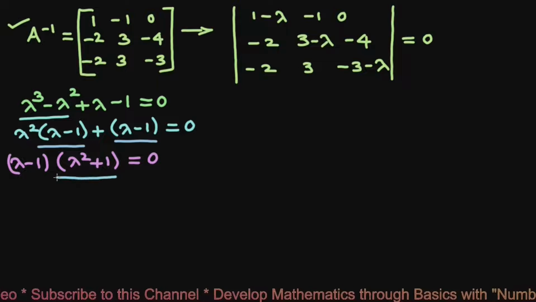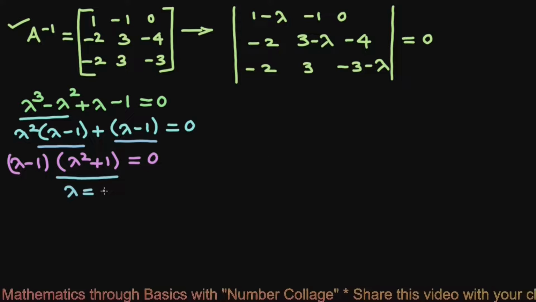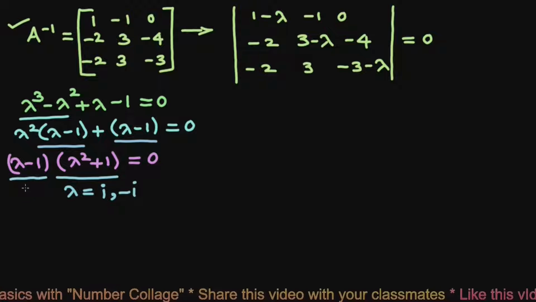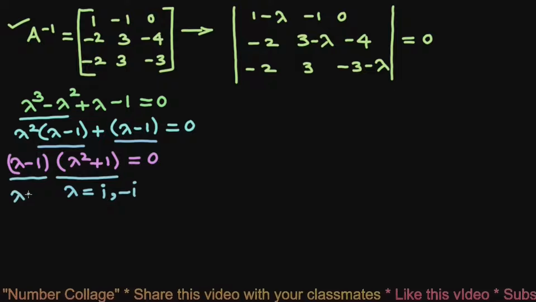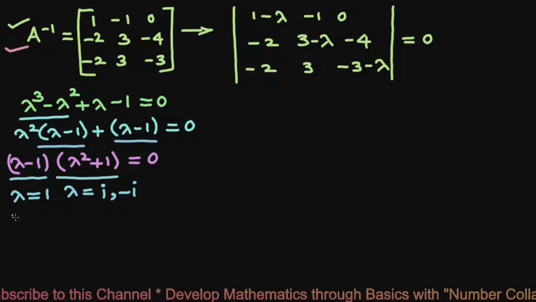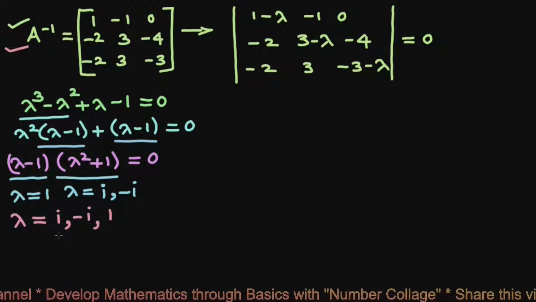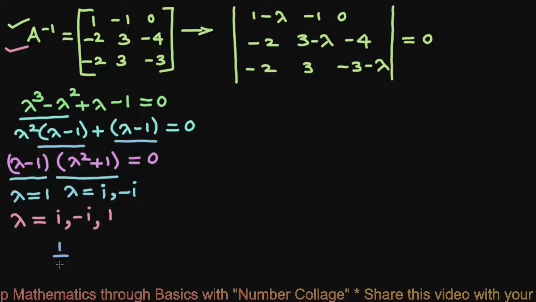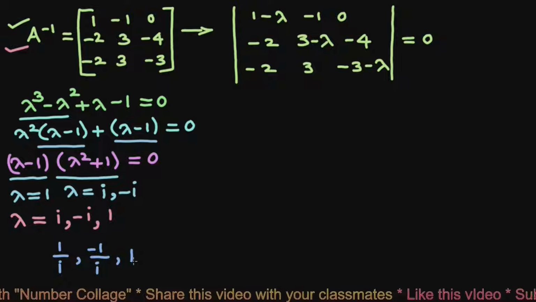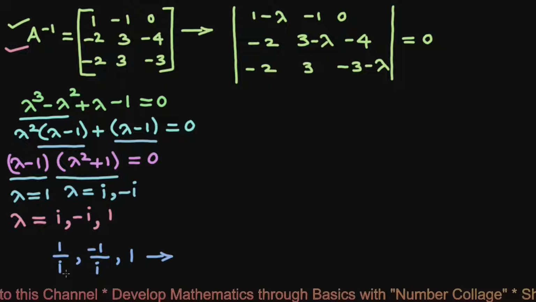Lambda square plus 1 equals 0 gives us two values of lambda, the complex numbers i and minus i, and lambda minus 1 gives one value of lambda, that will be 1. The eigenvalues of A inverse will be i, minus i and 1. If we take reciprocal of these eigenvalues, we get 1 upon i, minus 1 upon i and 1 upon 1, that is 1. These eigenvalues can be simplified by multiplying numerator and denominator by i.